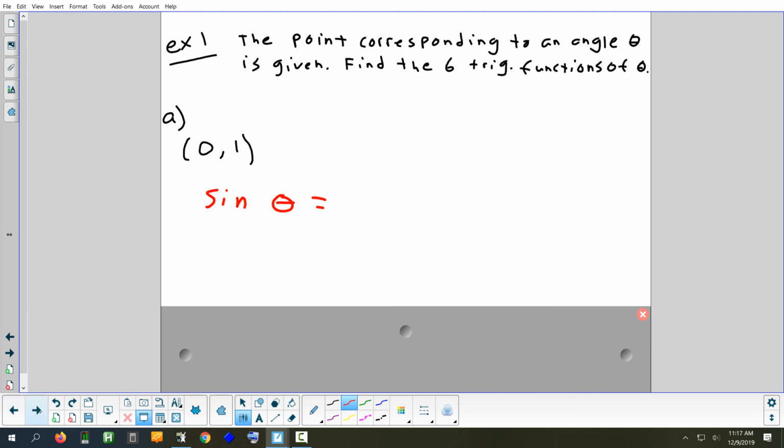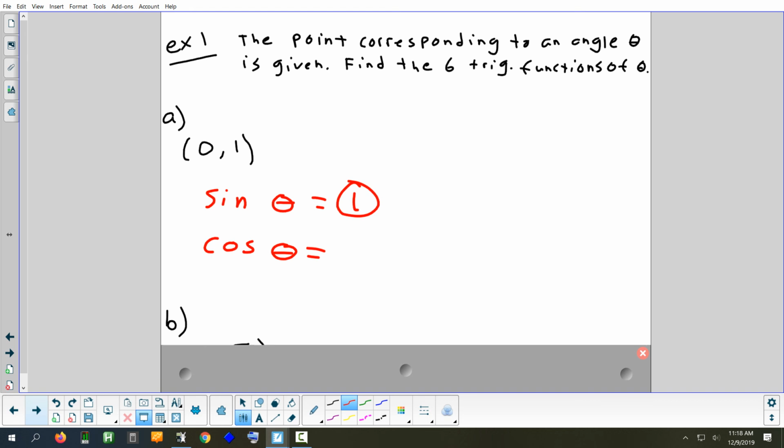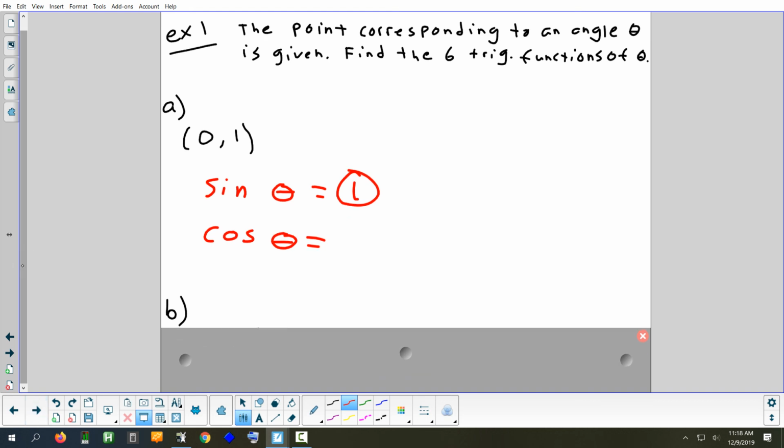So, in this case, the answer is 1. You're done. That's how you find the sine. Cosine. Kaya, what's our formula for cosine? It's the x, and what's the x here? Zero. There's your cosine.